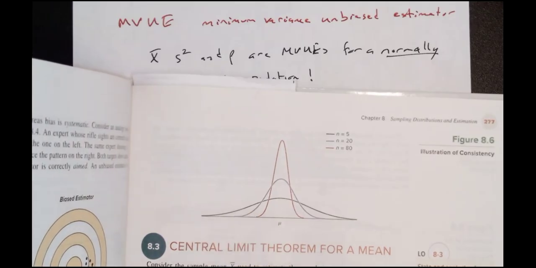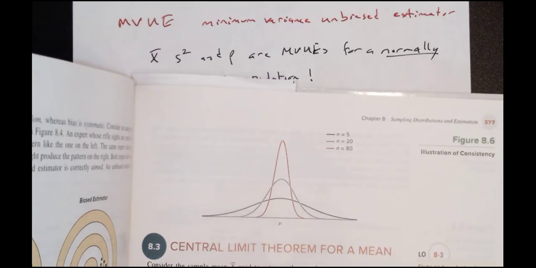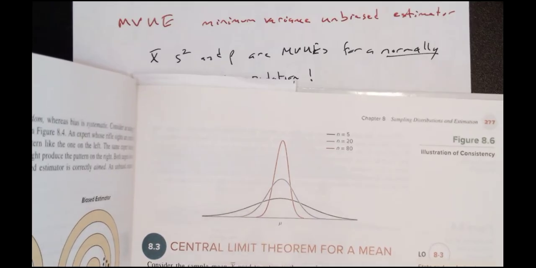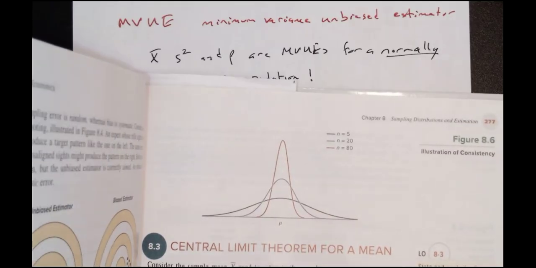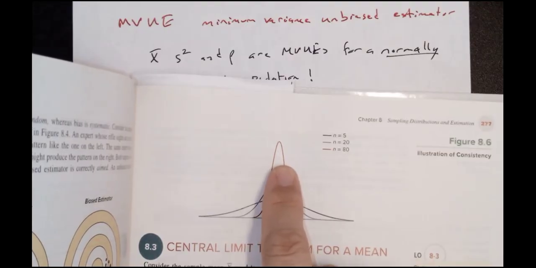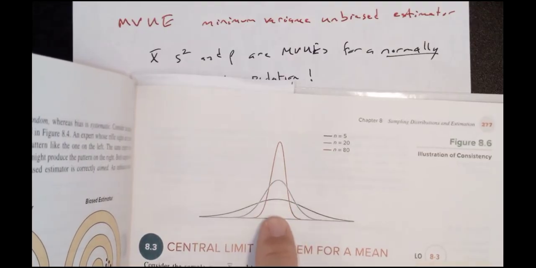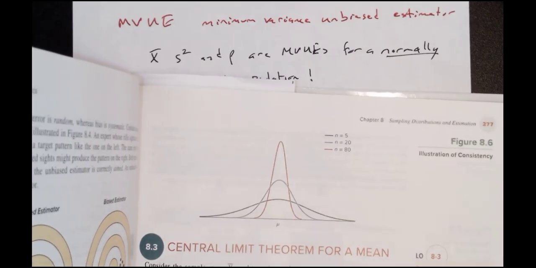When I took a sample of 20, I got this curve, even though I took that sample over and over again. If I took a sample of 80, I got this curve. They're all having the same average, 520.78, whatever it was. But the standard deviation of this one is really narrow, and of this one it's less narrow, and of this one it's huge by comparison. So as my sample size goes up, my variance goes down.